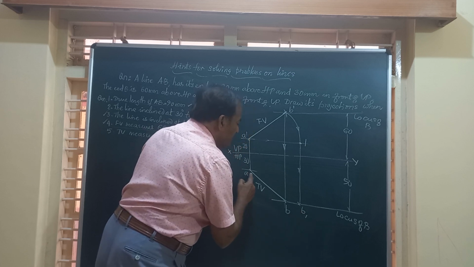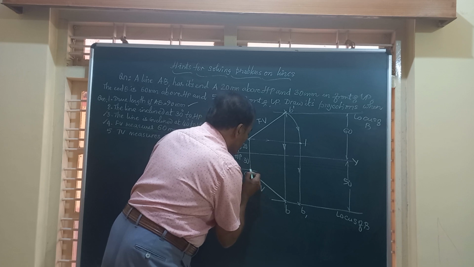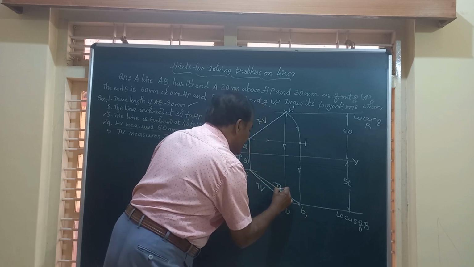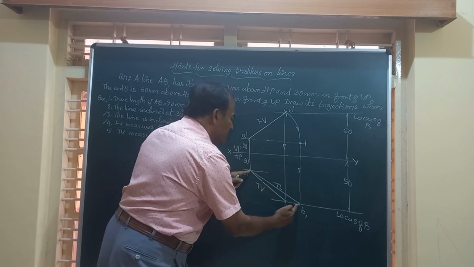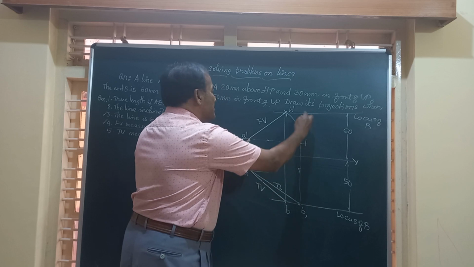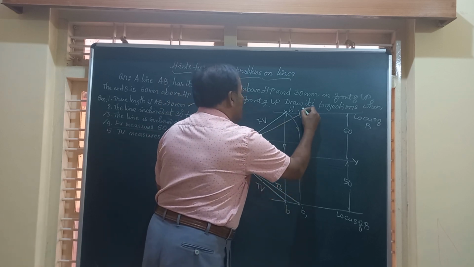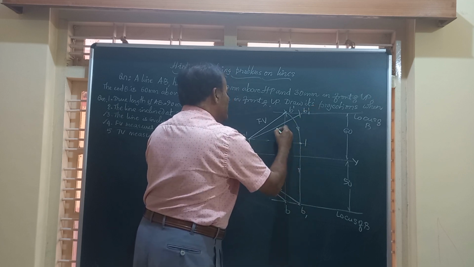Friends, AB1 is the true length in the top view. If you join this, you will get the true length of the line. You can measure the true length. Taking the same true length, you can cut the locus here also and obtain B1 dash. This is again the true length.